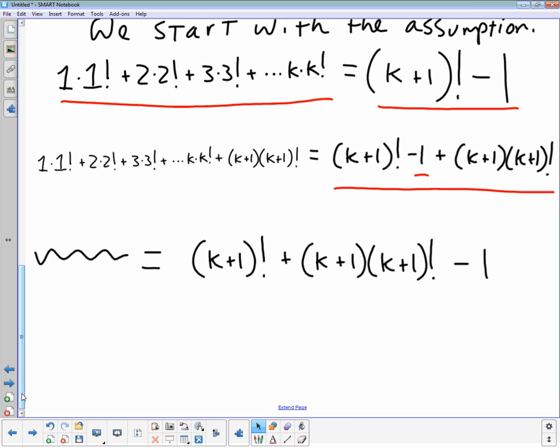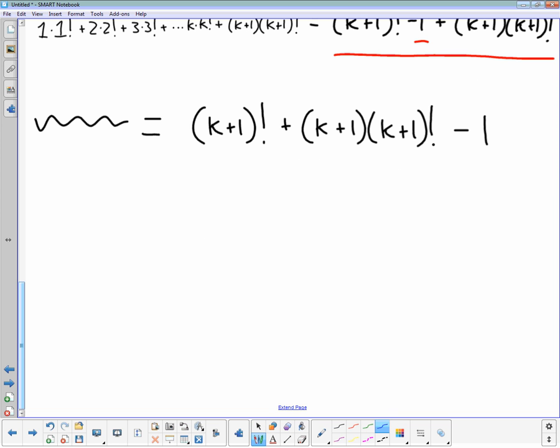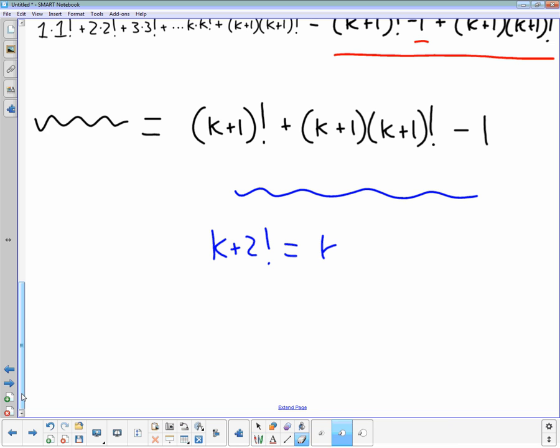Well, what the heck is k plus 2 factorial? It's a whole bunch of stuff, but it's k factorial times k plus 1 times k plus 2. That's really what it is, if you think about it.